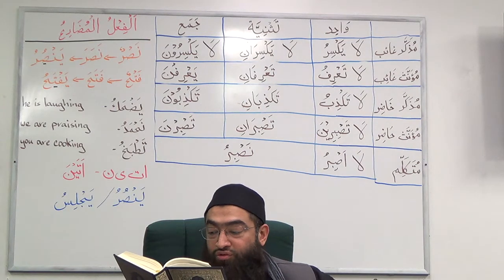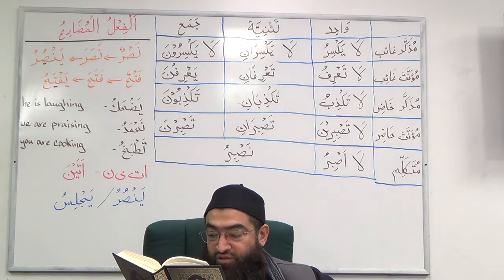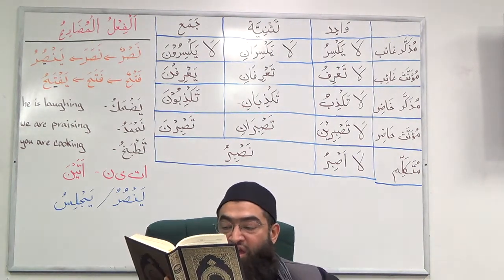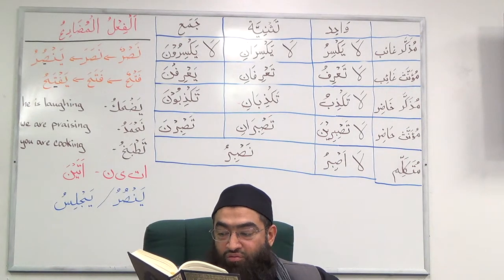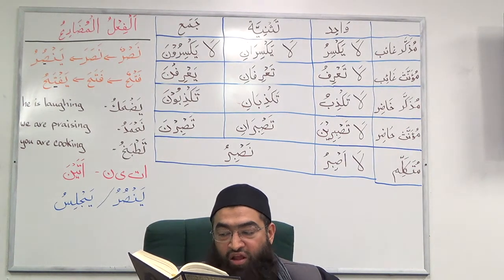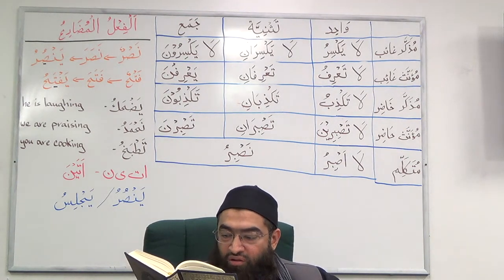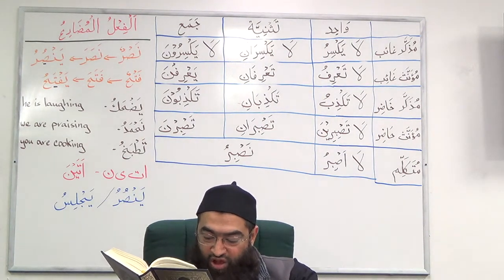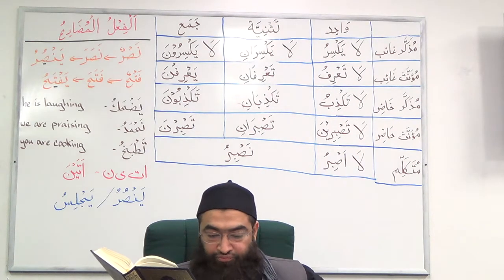So He knows, Allah knows, He knows what is apparent, يَعْلَمُ الْجَهْرَ, what is apparent, وَمَا يَخْفَى, and what is hidden. So whatever is apparent, Allah knows. Okay? So this is also al-fi'l al-mudari'.